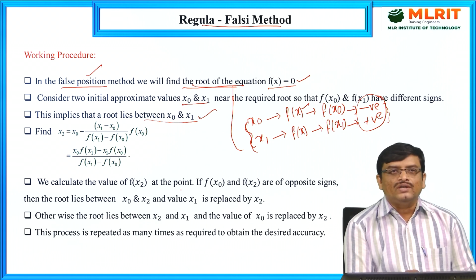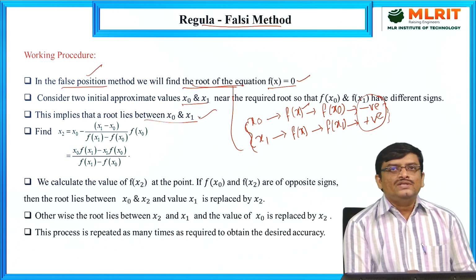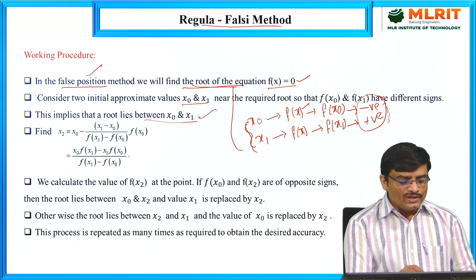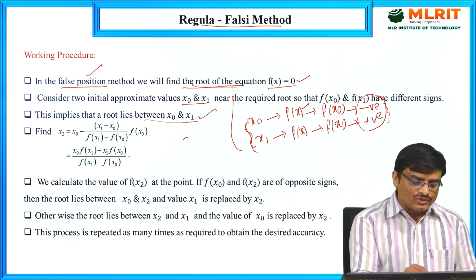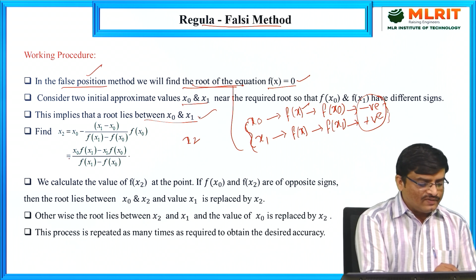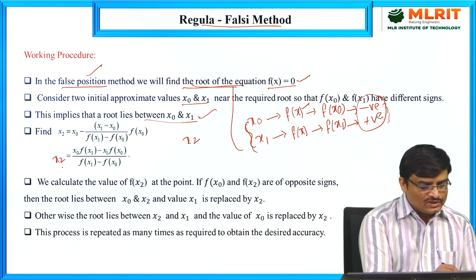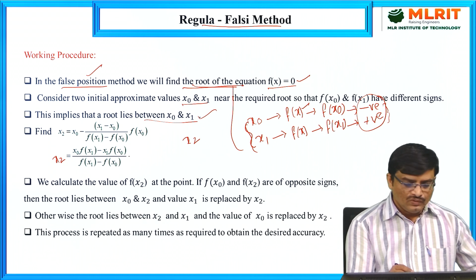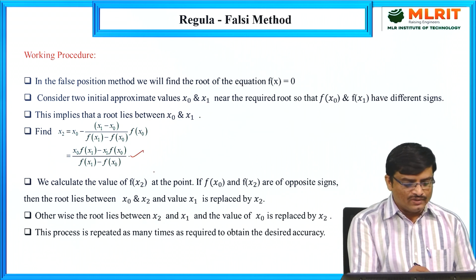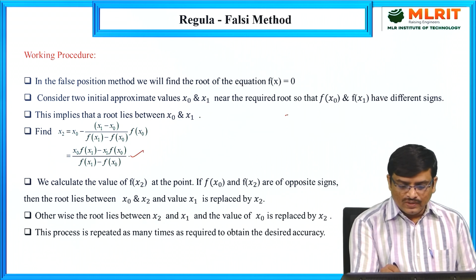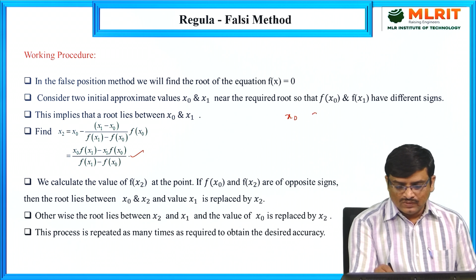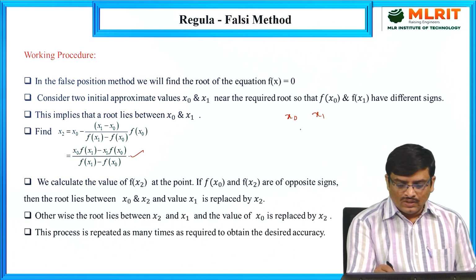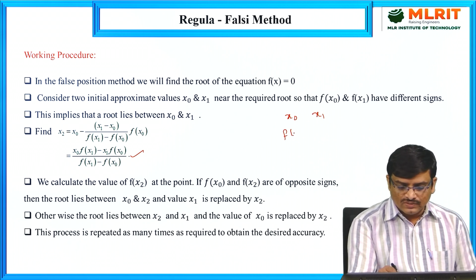Now by using this Regula Falsi method, if you want to go for the next approximation x2, this is the standard formula we will use. This is very simple to remember. Let us see how to remember this formula to find x2. In our hand we have x0 and x1, and the function values f of x0 and f of x1.